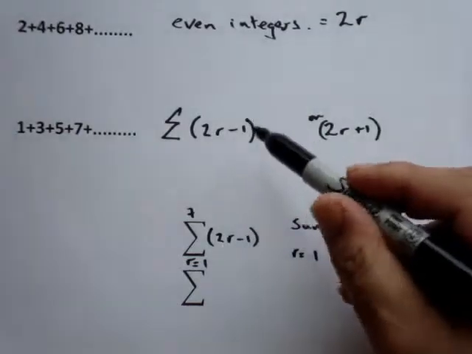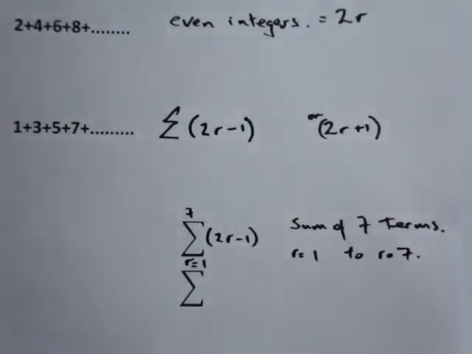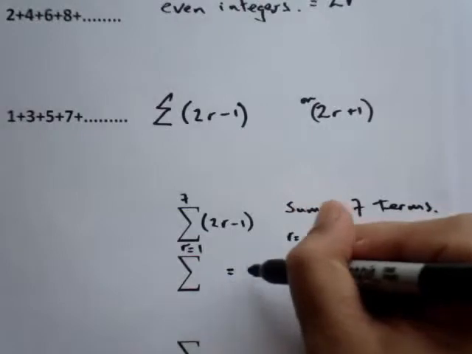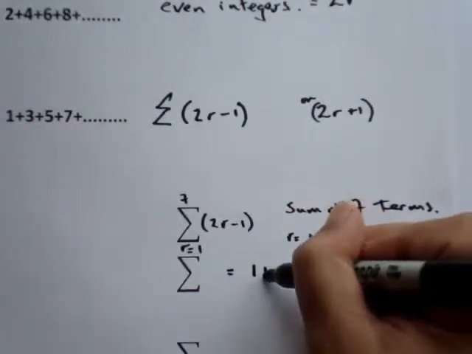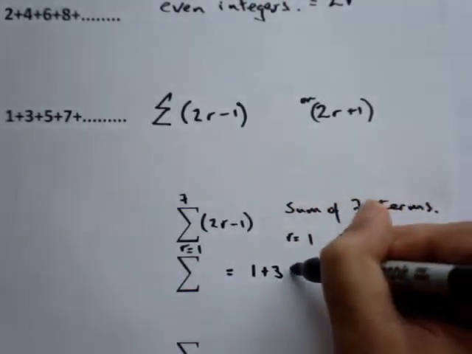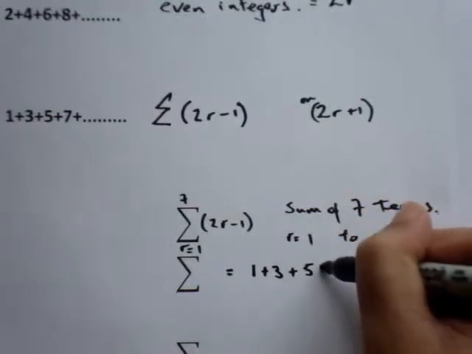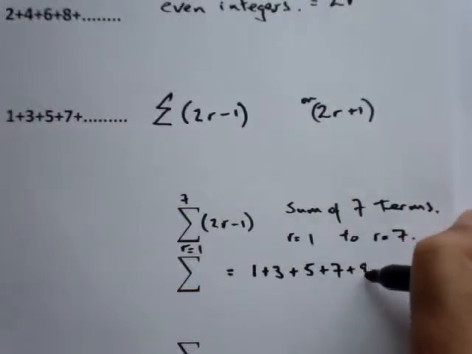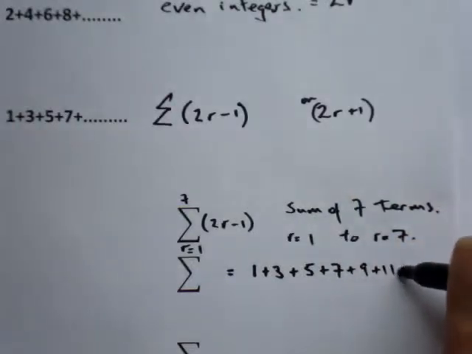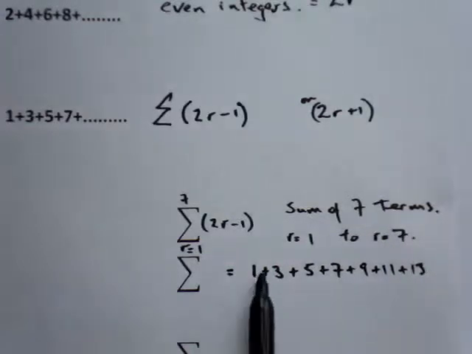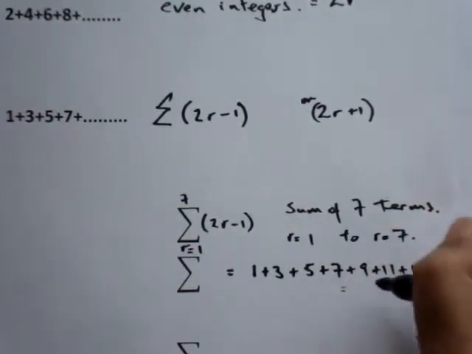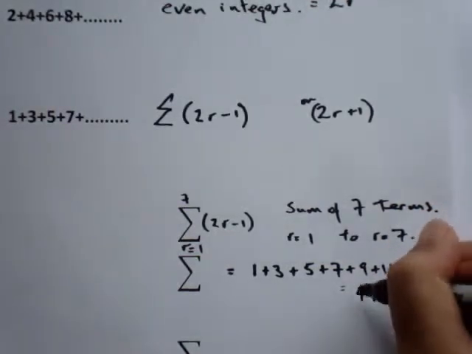So 2r minus 1 would be the odd integers. So let's have a look at that. That equals 1 plus 3 plus 5 plus 7 plus 9 plus 11 plus 13. So that's 1, 2, 3, 4, 5, 6, 7 terms, and when we get the sum, that equals 49.